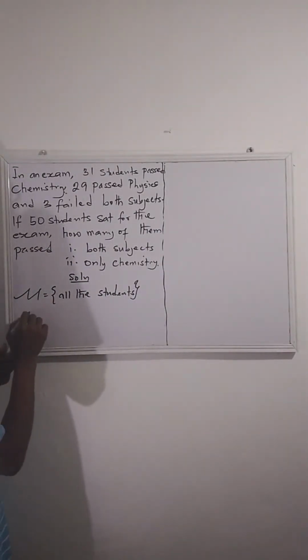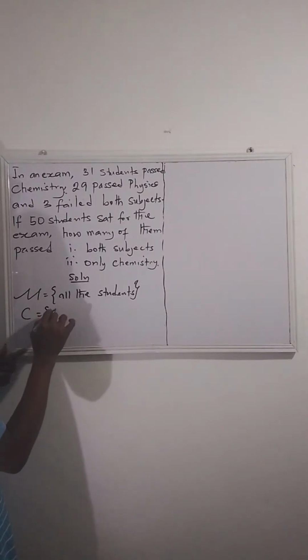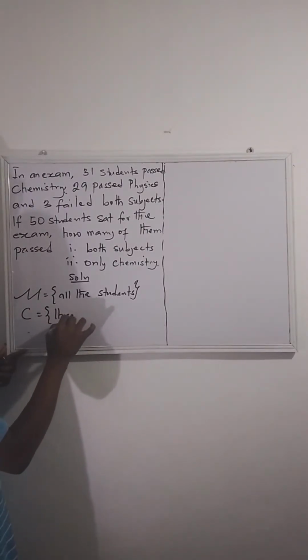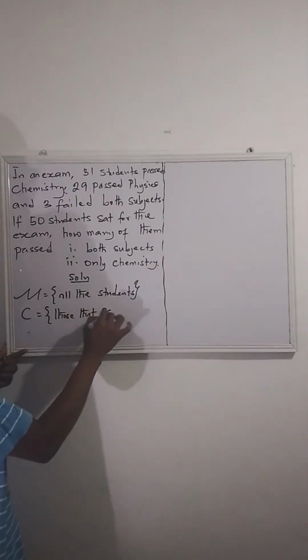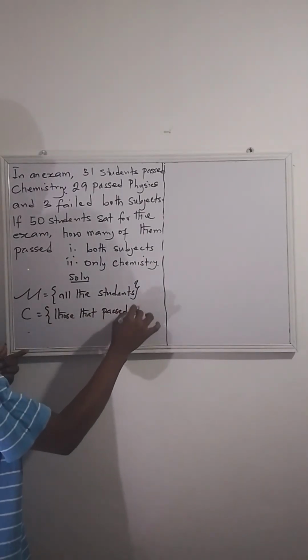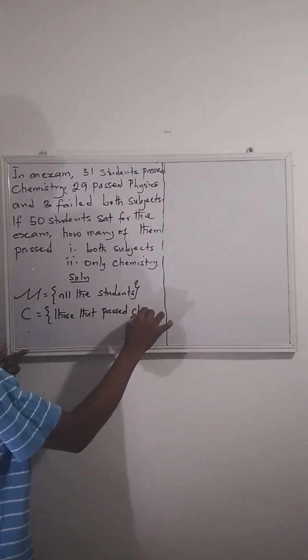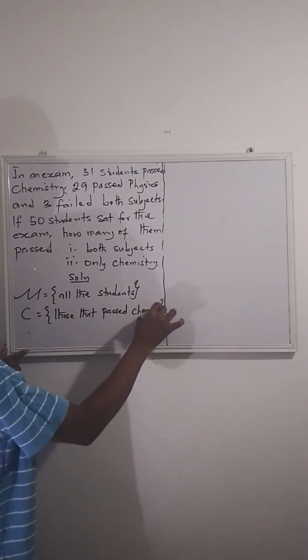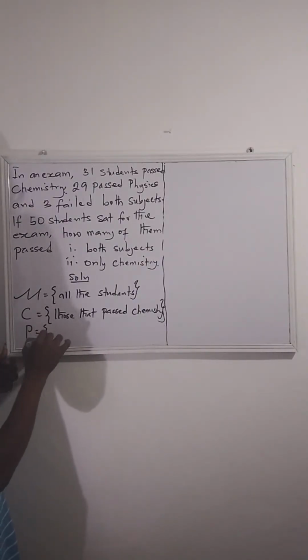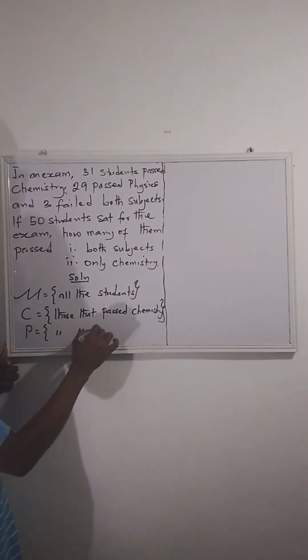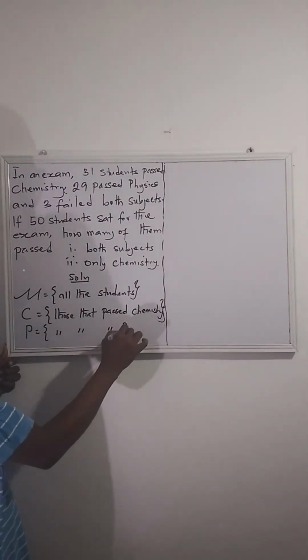Now, let C represent the set of those that passed chemistry, and P represent the set of those that passed physics.